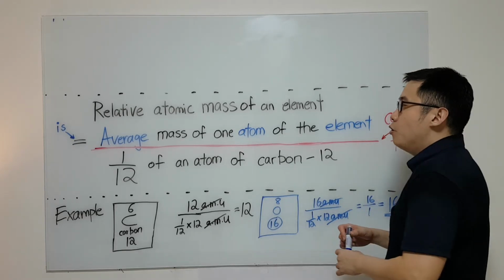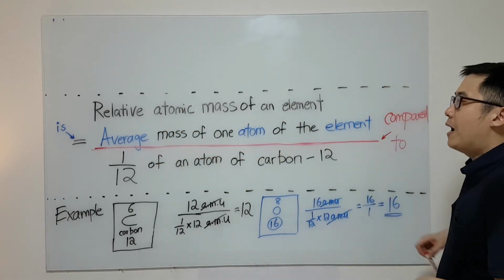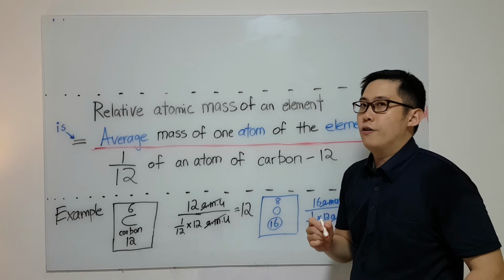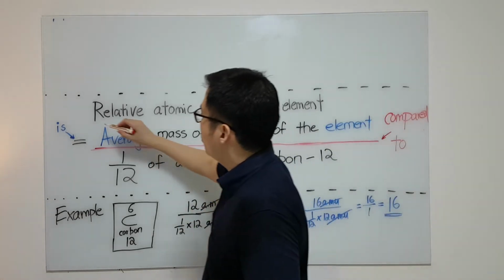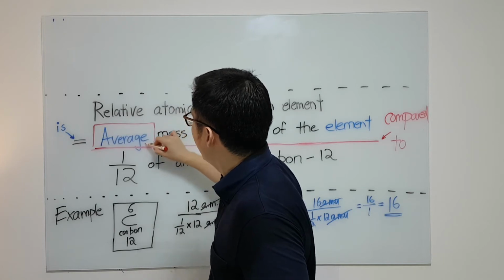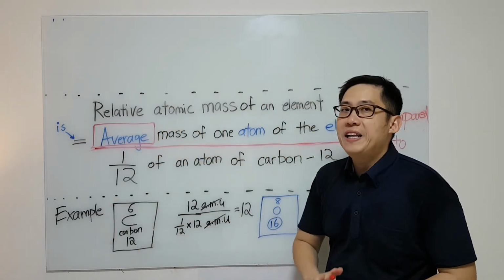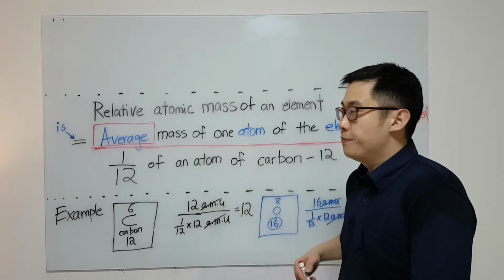Now, students, if you look with me at this equation here, there is something I want you to take note of. The first thing I want you to take note of is that I wrote the word average in blue. Now, students, why do I need to write average?